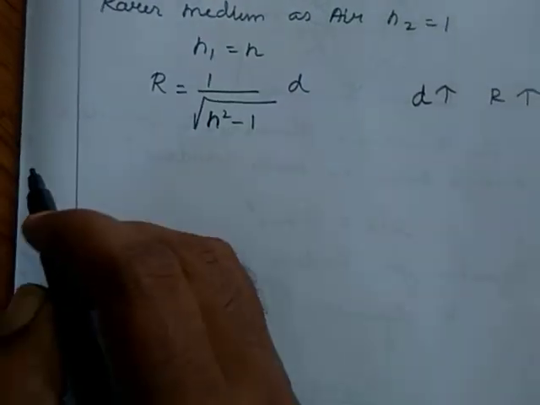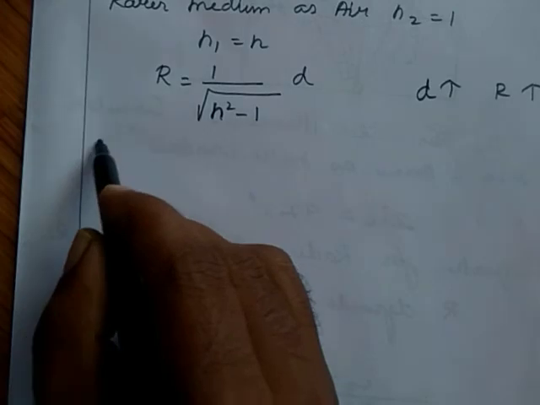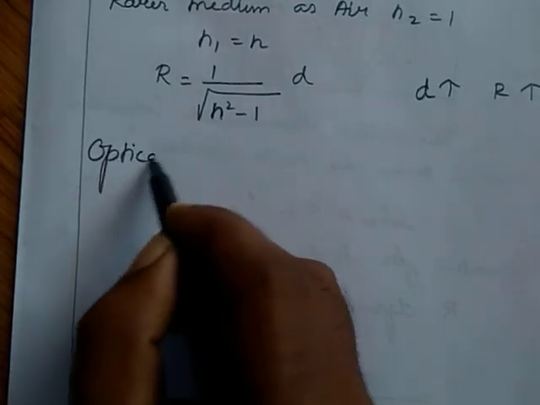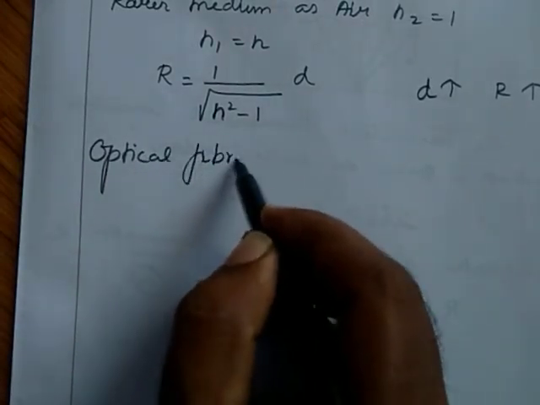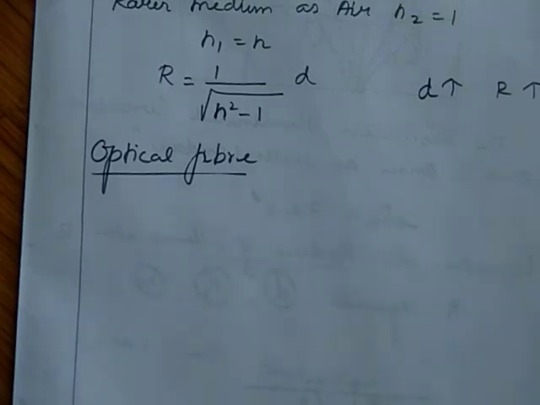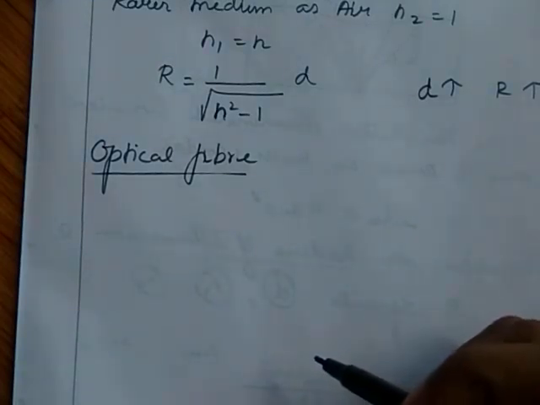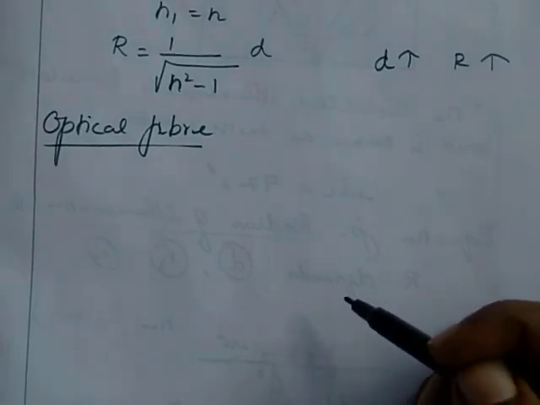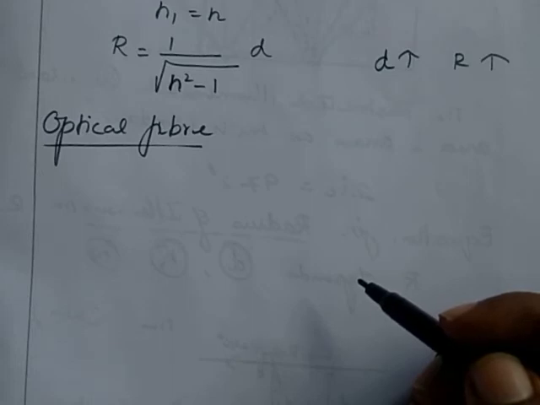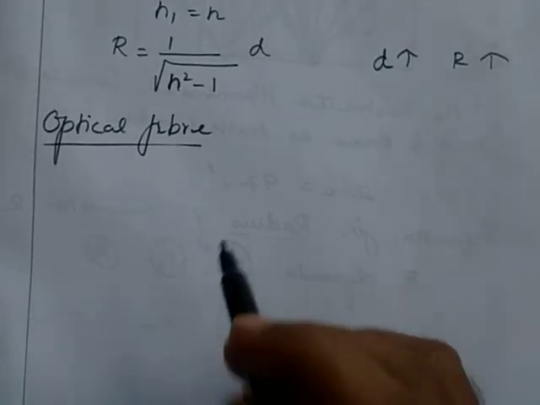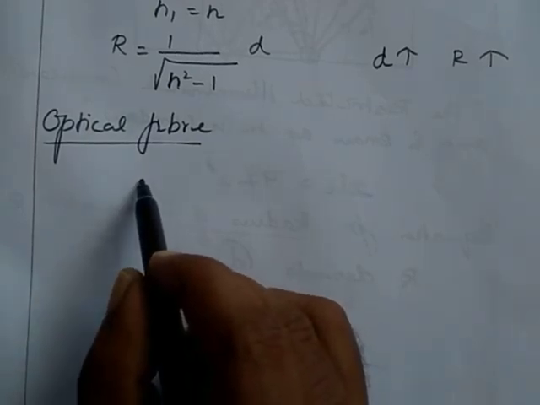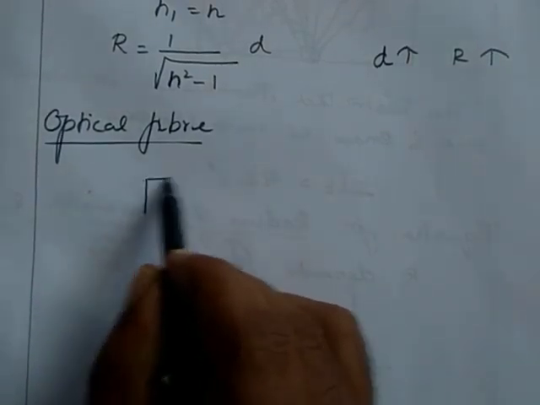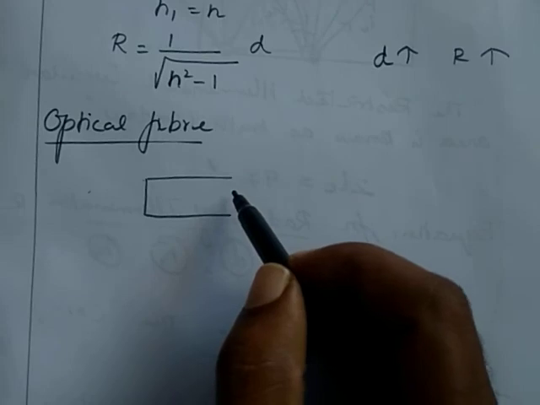Then the next topic is optical fiber. Optical fiber is an optical medium to transmit the light signal without any loss. Optical fiber is an optically transparent medium. It can transmit the light signal without any loss. Here the optical fiber consists of two parts, that is inner part and outer part.